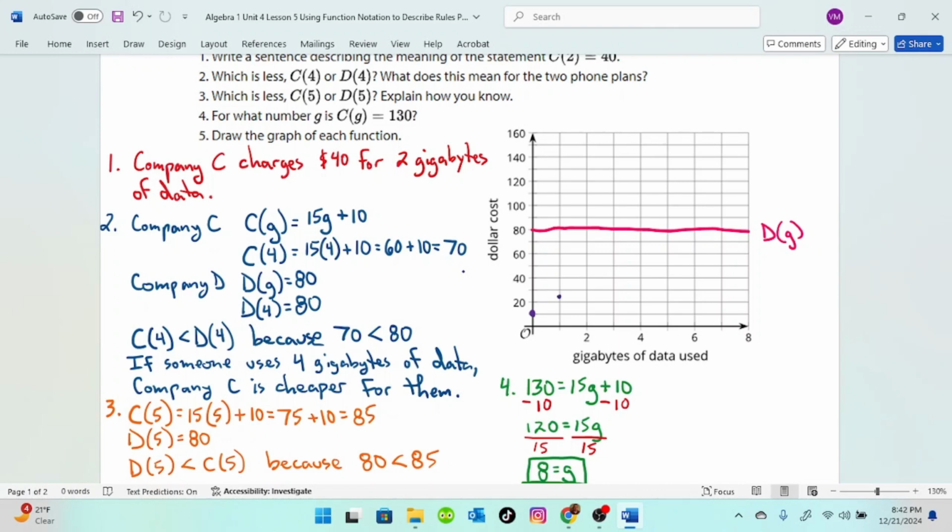So we can come up and put a point at 25. Now, every time we increase g by 1, we're going to add another 15, because it's going to be 15 times 1, 15 times 2, 15 times 3. So all we need to do is keep adding these.